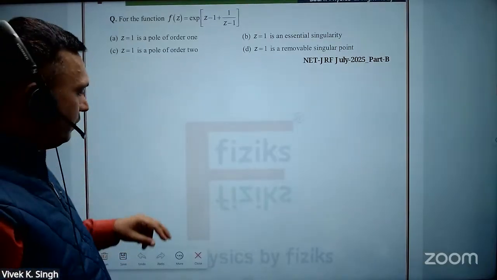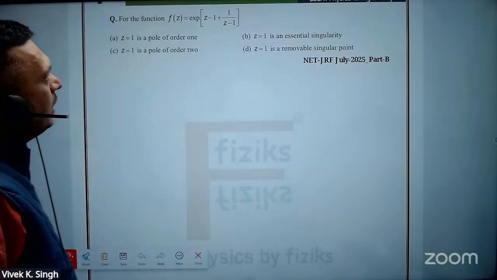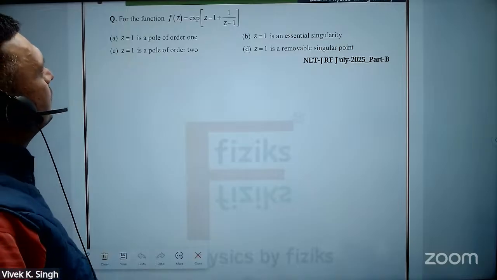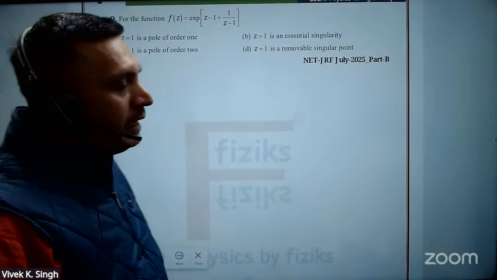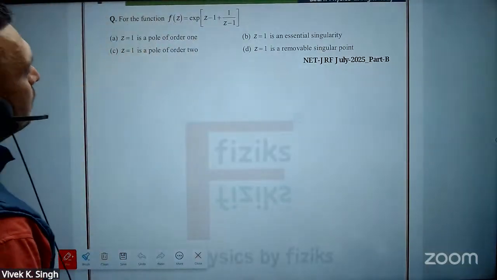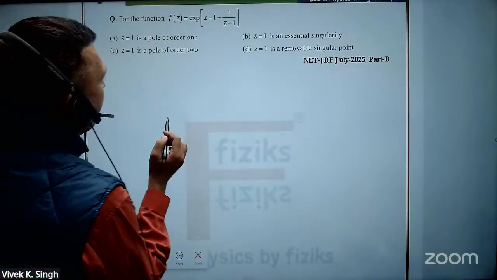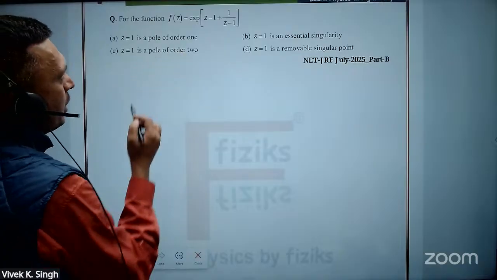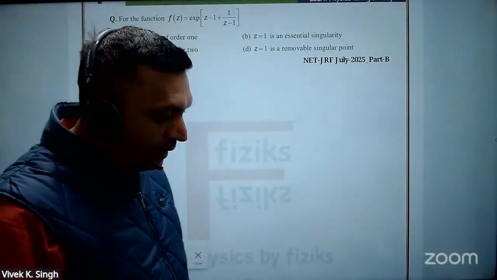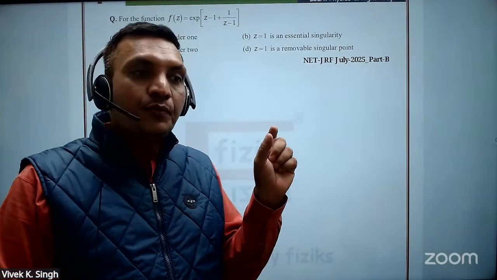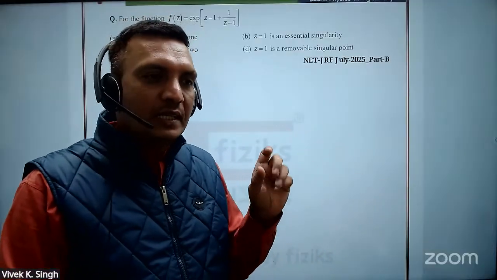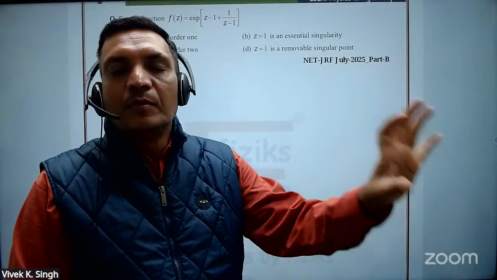Now see, in this question, a complex function f(z) is given and you have to identify the singularity. What type of singularity is there? So it's an exponential function. In this case, we will write the Laurent series. And you know that in a Laurent series, if there are a finite number of negative powers of (z minus a), then we say that it's a pole of some order n.